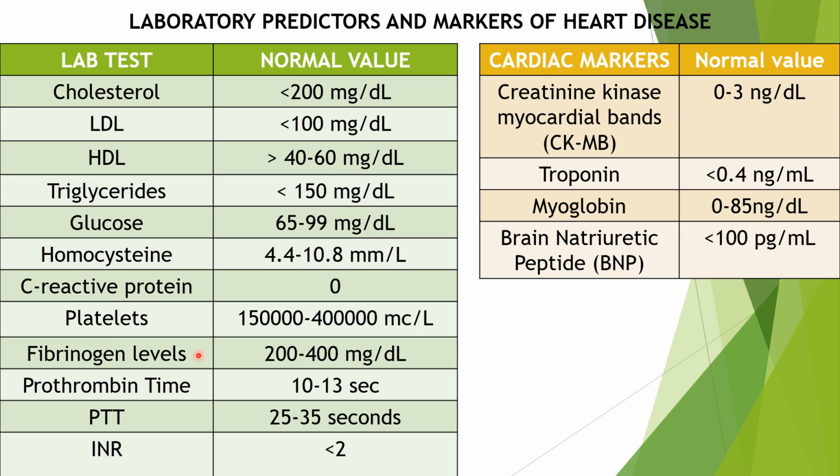And prolonged prothrombin time, partial thromboplastin time, and international normalized ratio show an increased risk of clot formation, especially in patients with atrial fibrillation. So you need to look at their normal values also. They should be monitored.